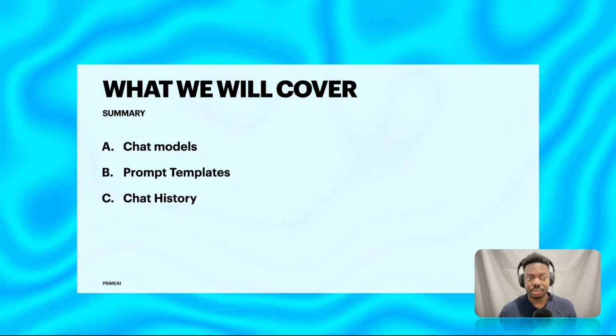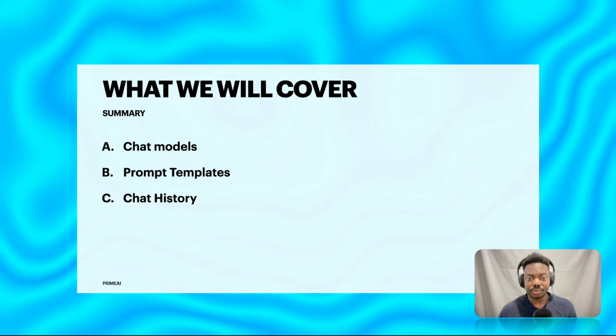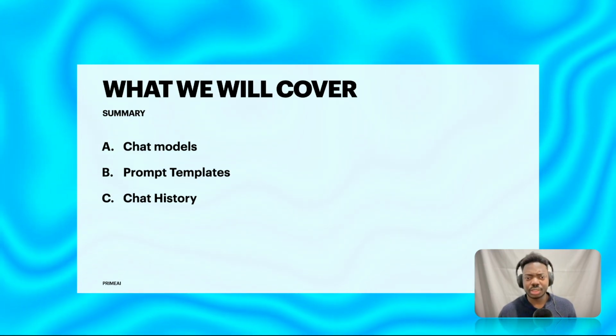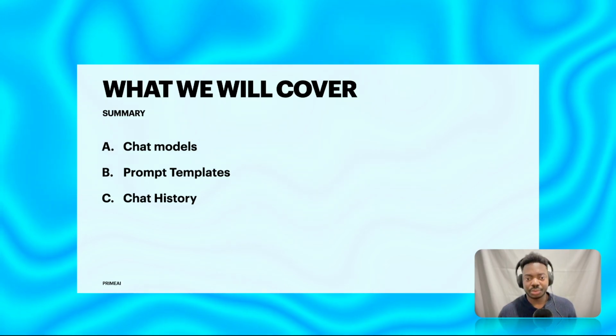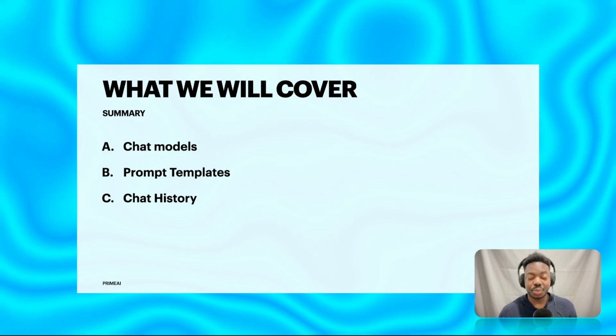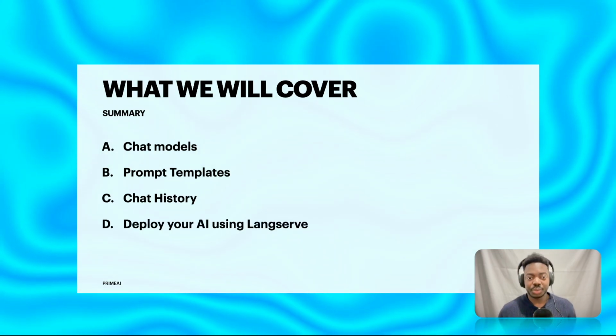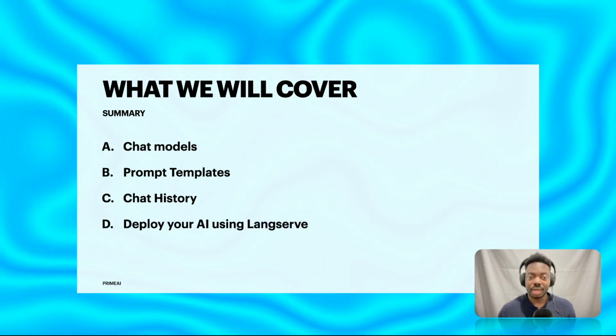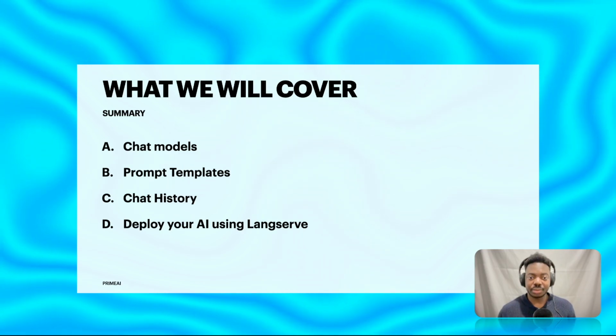Third, chat history. Chat history allows a chatbot to remember past interactions and take them into account when responding to follow-up questions. We'll end by showing how you can serve your application with LangServe.